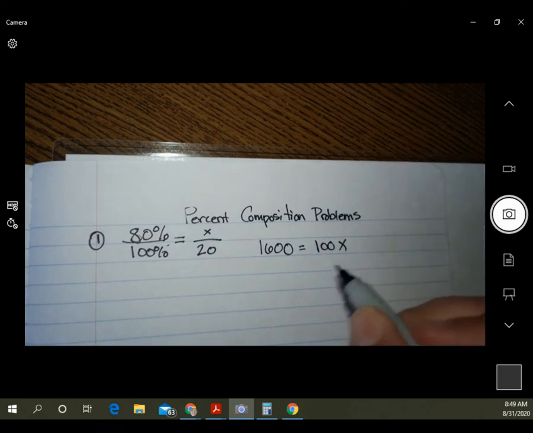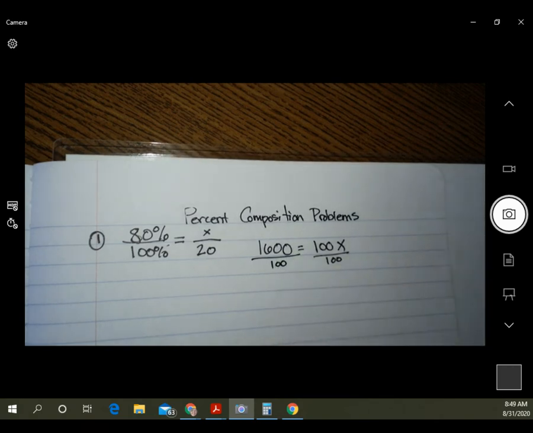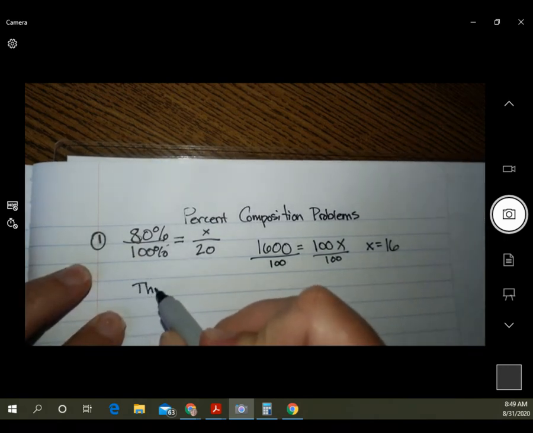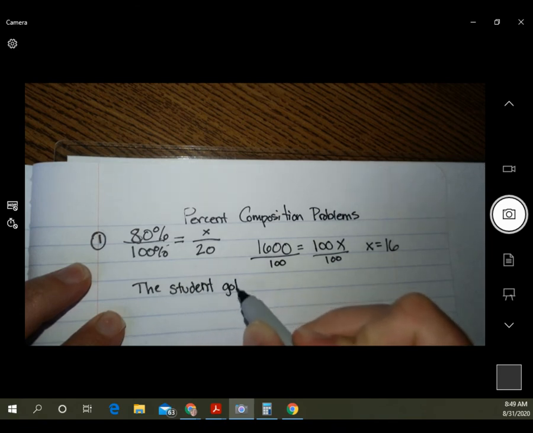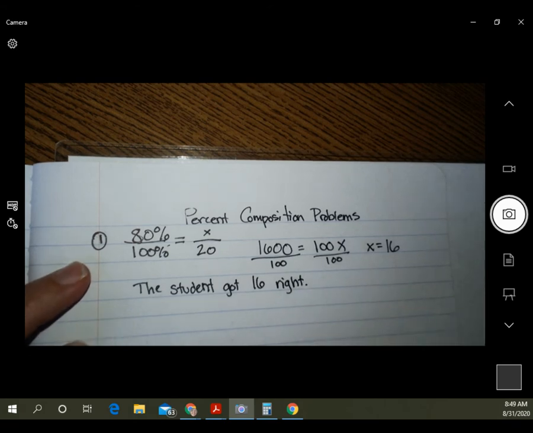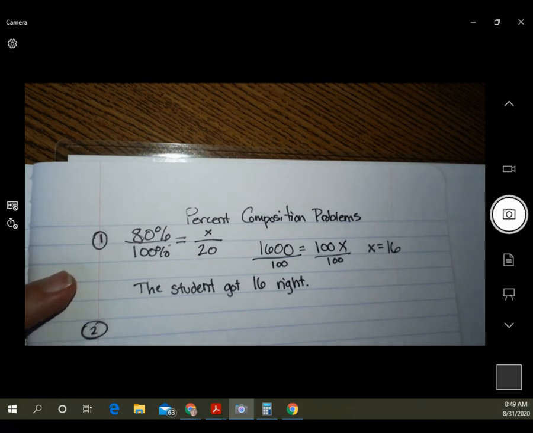So whoever said, isn't it 16? So we're going to divide by 100. This is going to be super easy for you. All right. So then you could write out the student got 16 right.